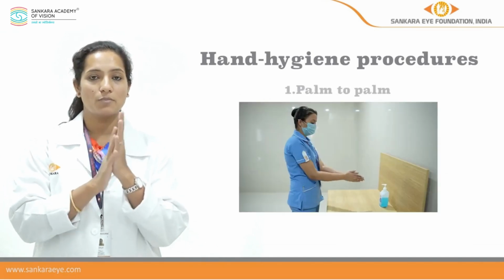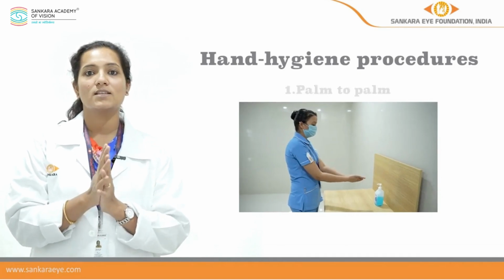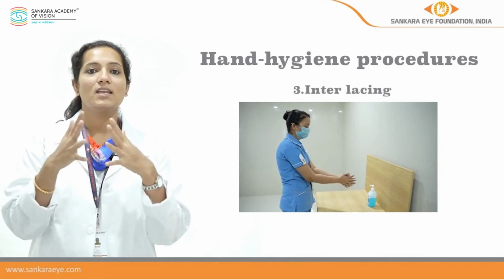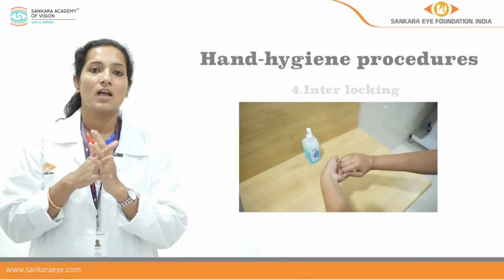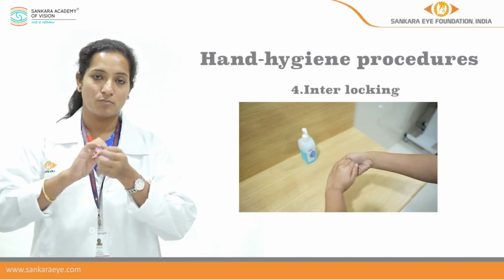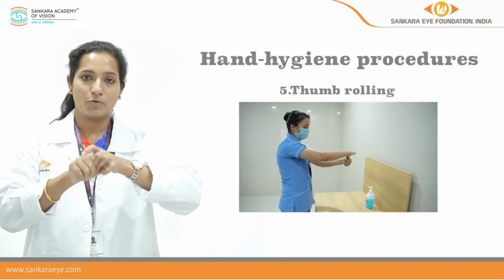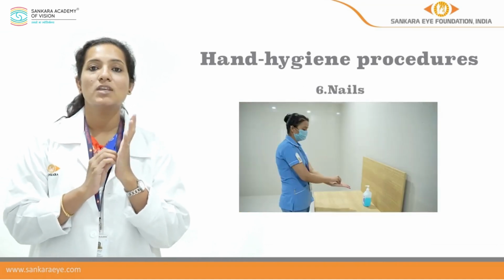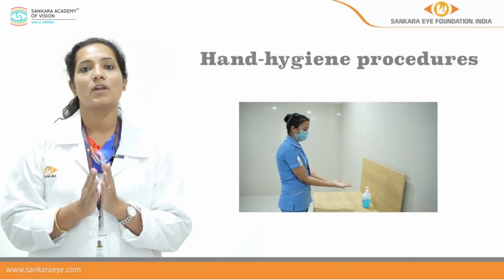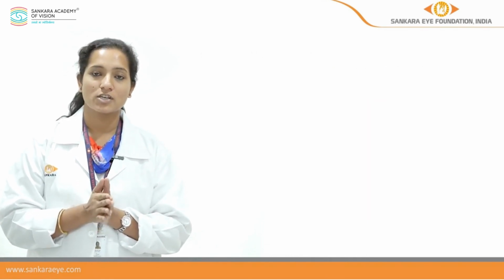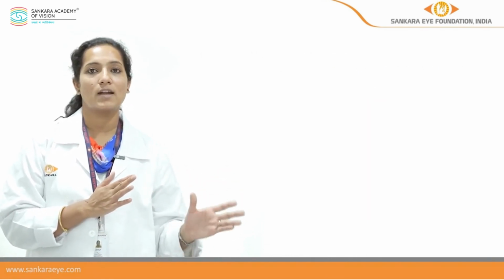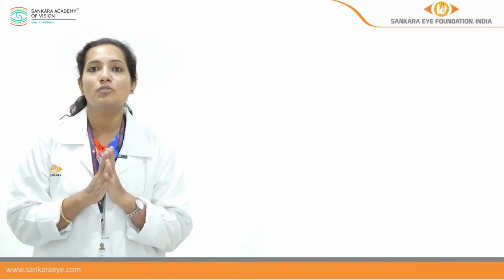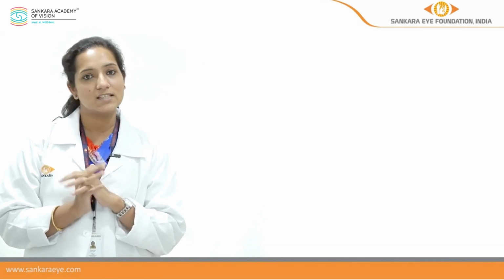First is palm to palm, then it is palm to back, both the hands, then interlacing, interlocking, both hands, thumb rolling and nails. Okay, so these 6 steps we use for hand rub and hand wash, and surgical asepsis or antisepsis is a separate procedure altogether. So let us know how to perform each one of these in detail.